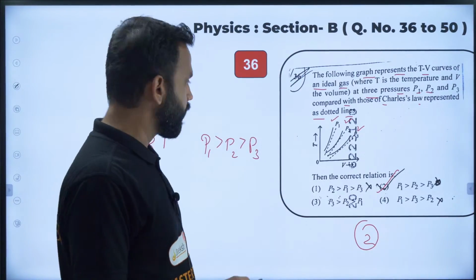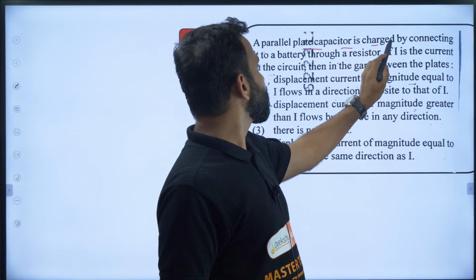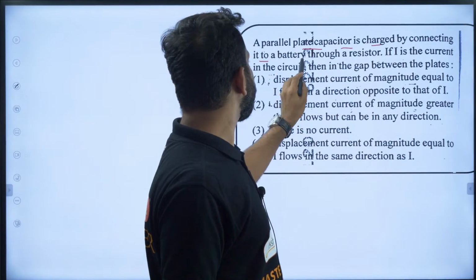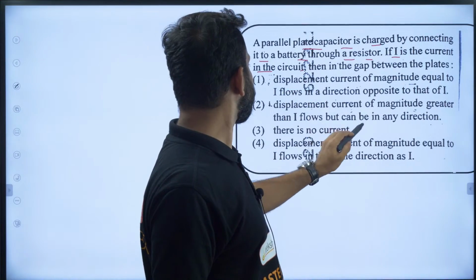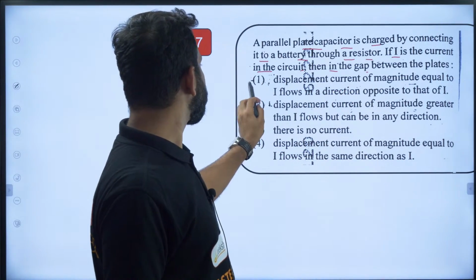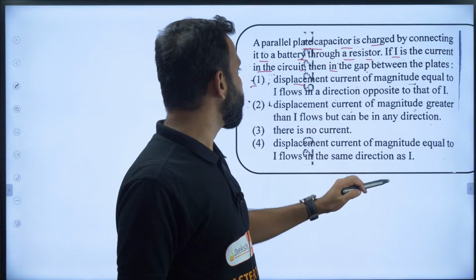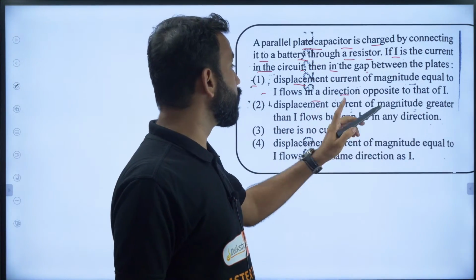Question number 37. A parallel plate capacitor is charged by connecting it to a battery through a resistor. If I is the current in the circuit, then in the gap between the plates, option 1, displacement current of magnitude equal to I, correct, flows in a direction opposite to that of I, wrong.